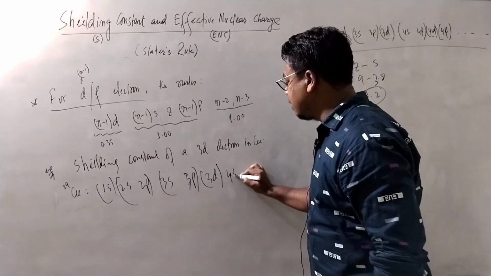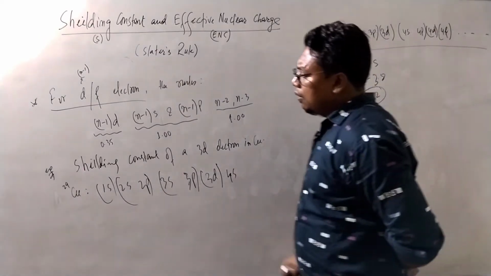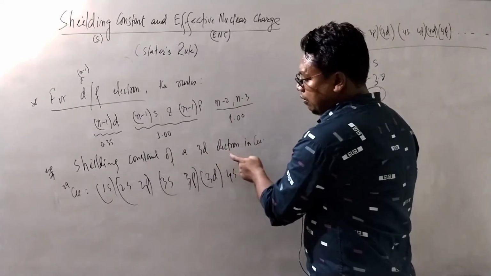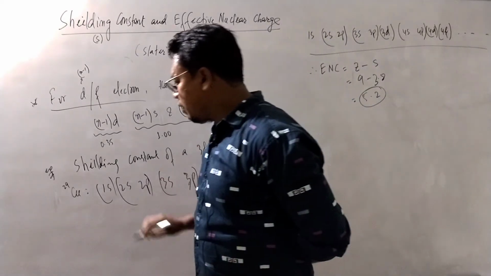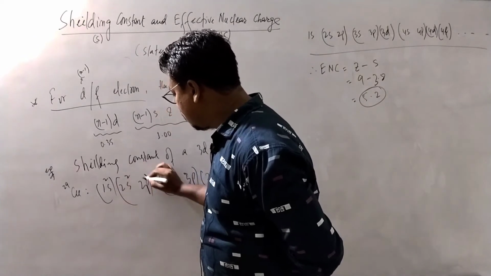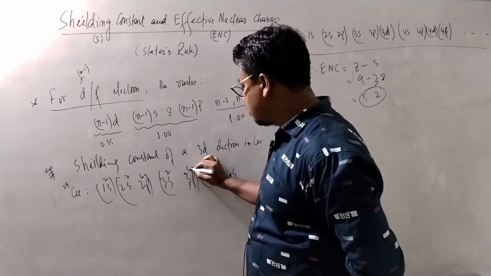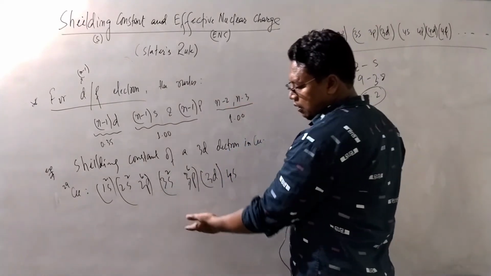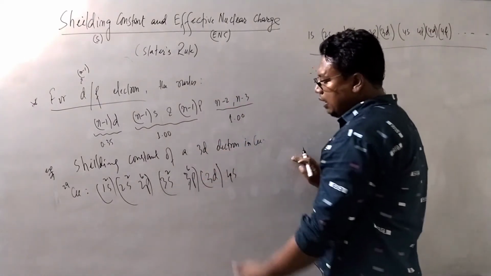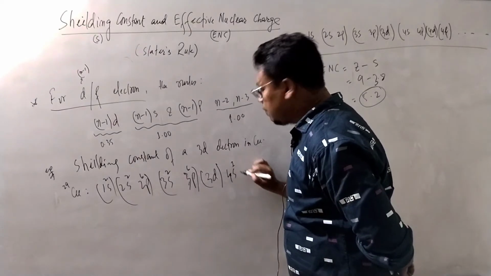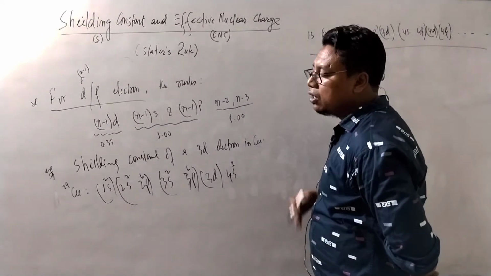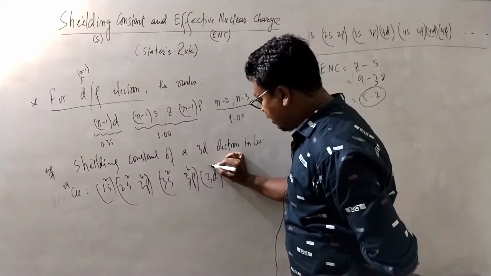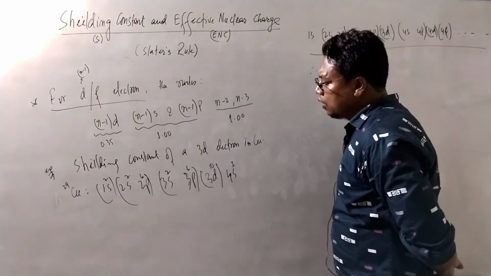So 4s will be here. Now we need to calculate the shielding constant of only one electron in 3d, okay. So let me write the electronic configuration: 2 2 6 2 6. Up to here I have arranged 18 electrons, and one electron will be here in 4s. This is the exceptional electronic configuration against above principle, and the 10 electrons will be here.